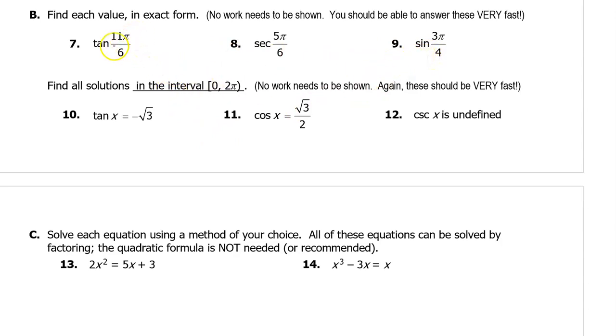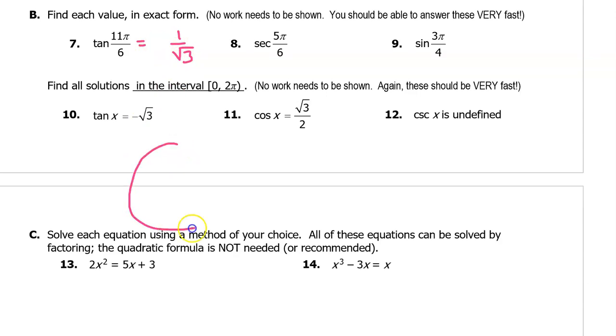So as soon as I see that I'm dealing with pi over 6, the tangent of 11 pi over 6, so ignoring the 11 for a second, I see that the reference angle is pi over 6. So we have memorized that the tangent of pi over 6 is 1 over radical 3. So the tangent of 11 pi over 6 will also be 1 over radical 3, except it might be negative. That depends on the quadrant.